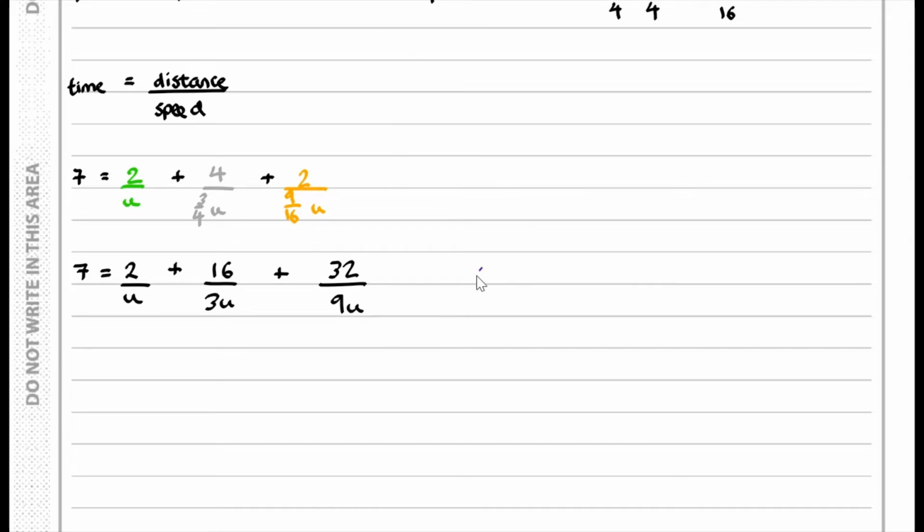And if we multiply through by 9u on both sides, we have over here 63u equals 2/u times by 9u, which is 18. 16/3u times by 9u, that's 48. 32/9u times by 9u, that's 32. Of course, 63u is equal to 98. In conclusion, u is equal to 14/9 meters per second.